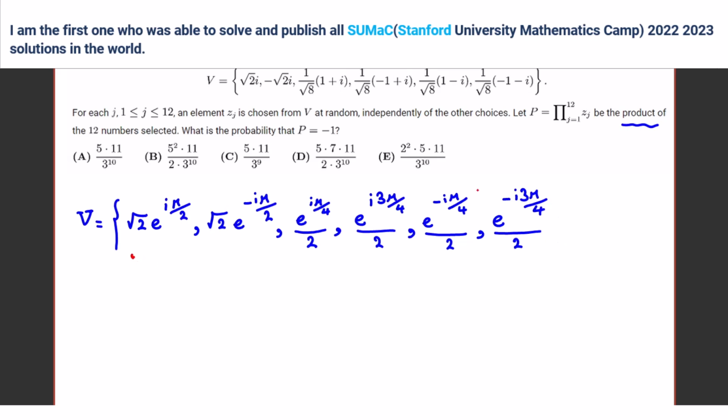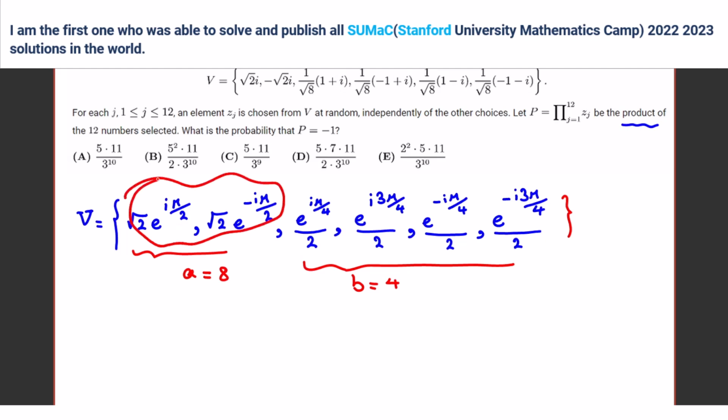If we select, for example, A from here, B from here, how many A's do we have? How many B's do we have? A is 8, B is 4. Because it's root 2 to the 8, 2 to the 4 here, 2 to the 4 there, we cancel. So we should select 8 from here.